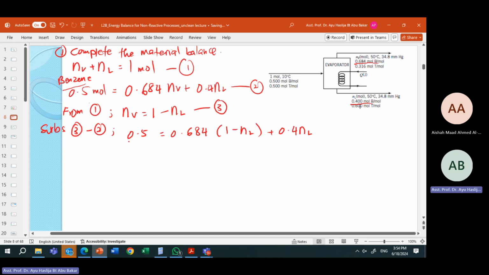Once you sub 3 into 2, from here you have only one unknown, which is the NL. Proceed, then you will get your NL value.